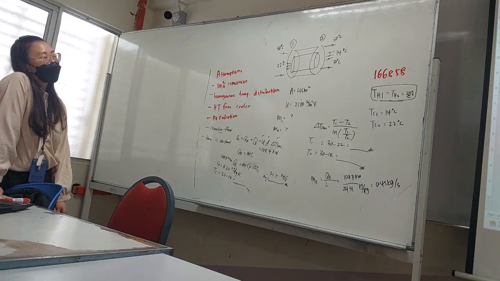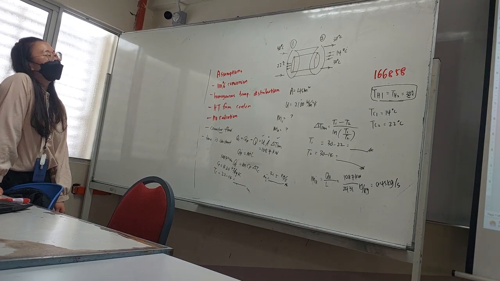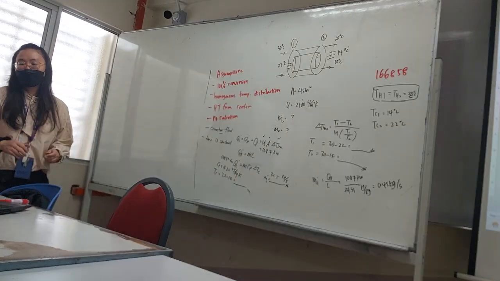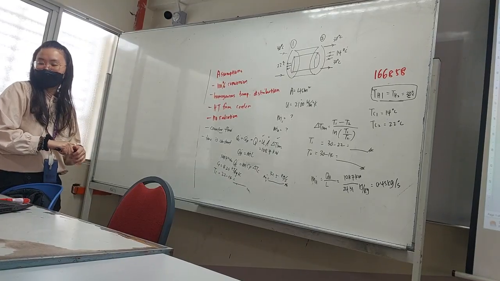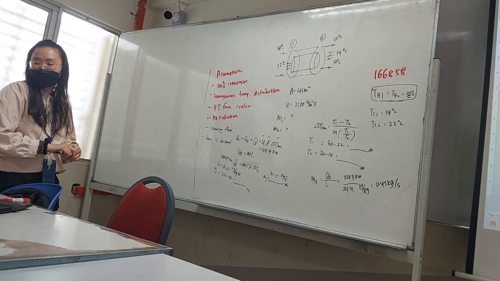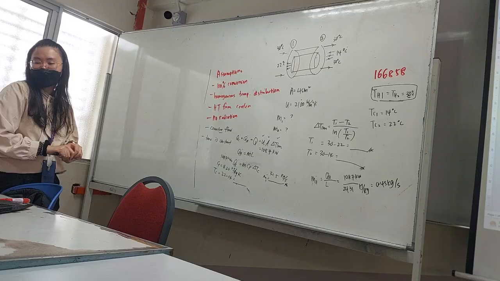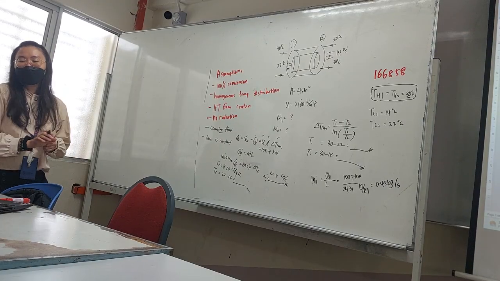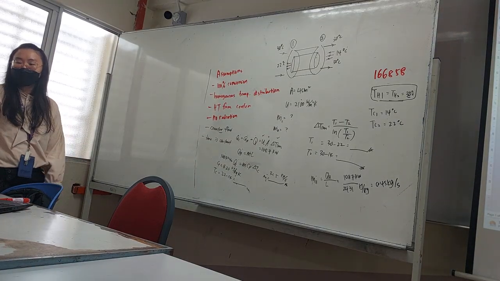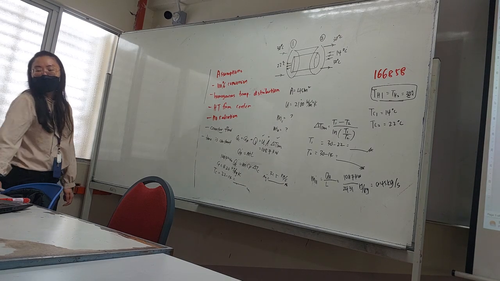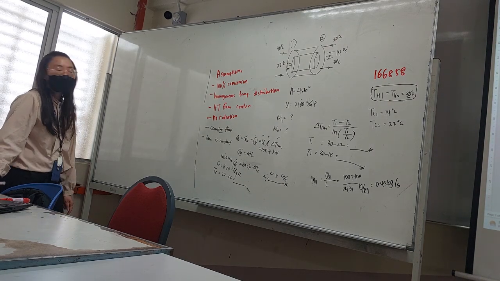This one they ask you to calculate the L. Okay, counter flow, so a heat exchanger to heat the water from 20 to 80 degrees Celsius.